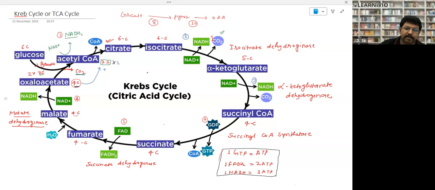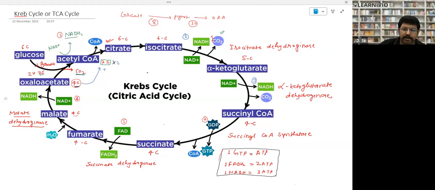Citrate is a 6-carbon compound. Then from citrate, formation of isocitrate takes place, again a 6-carbon compound. Then when isocitrate changes into alpha ketoglutarate, decarboxylation takes place and formation of NADH takes place. This is the second place where energy generation takes place.